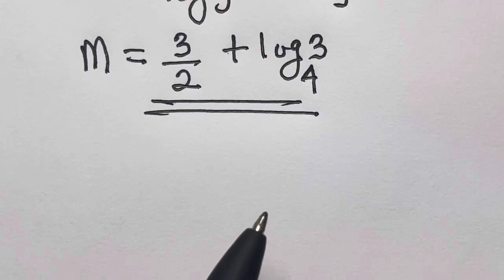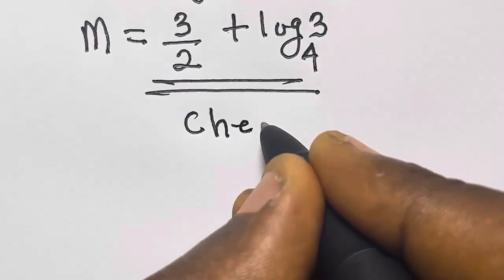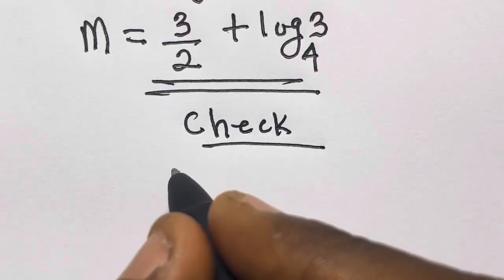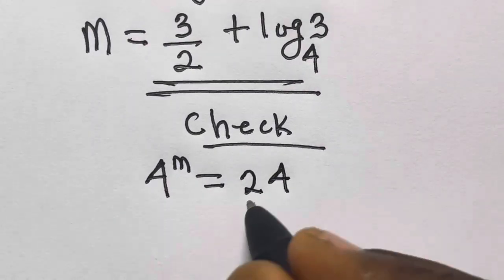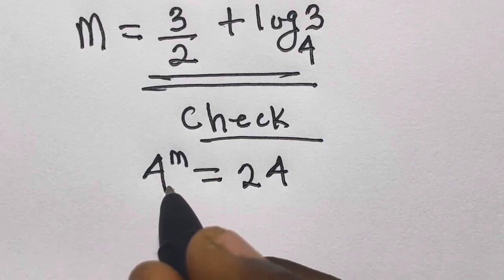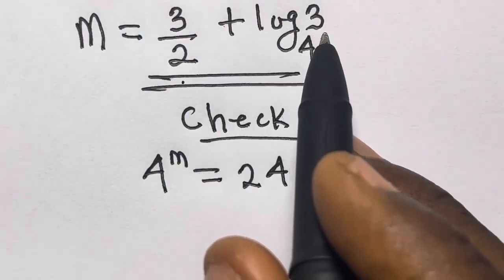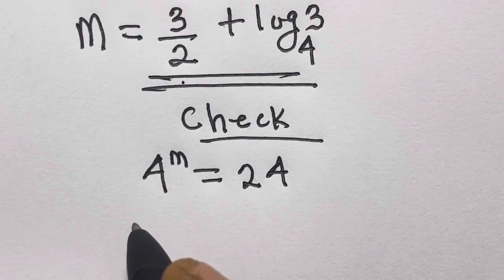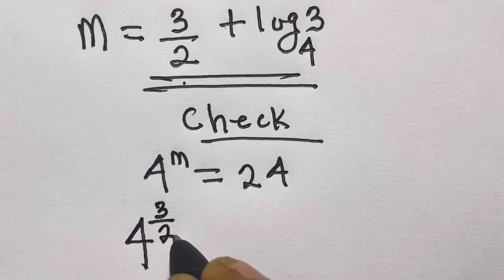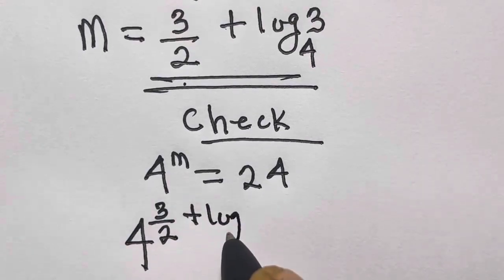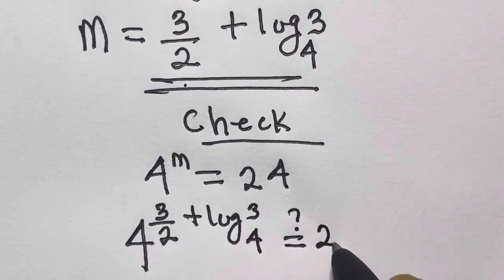So you can actually check if this answer is correct. We have 4 raised to power m equals 24, right? If you substitute m to be equals 3 divided by 2 plus log 3 in base 4, we have 4 raised to power 3 divided by 2 plus log 3 in base 4 is equals 24.